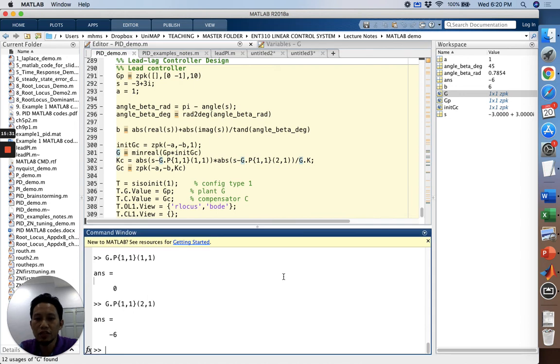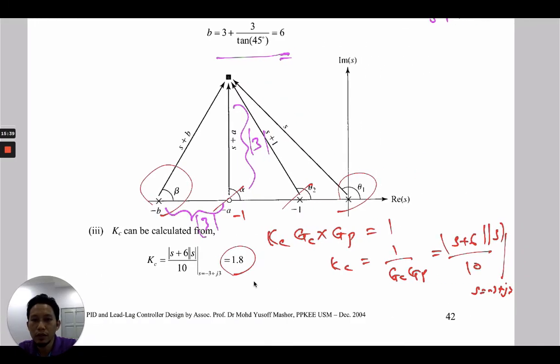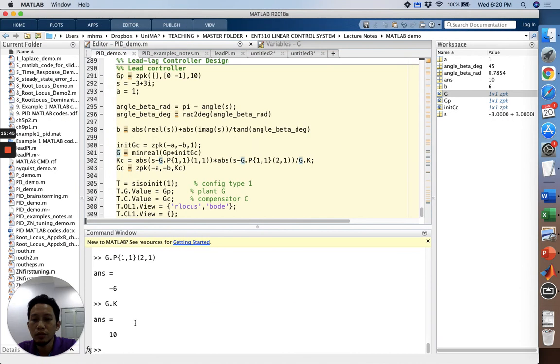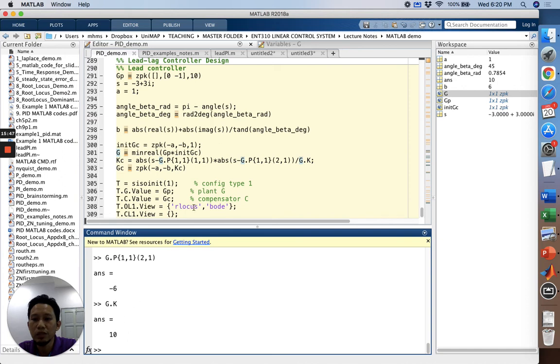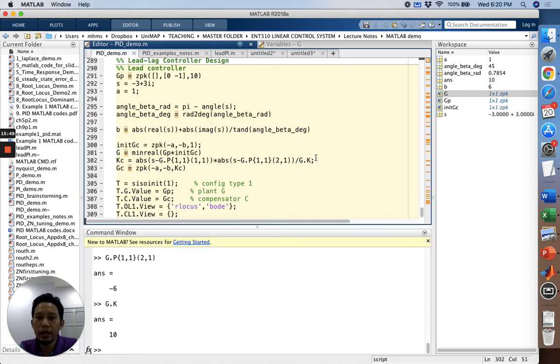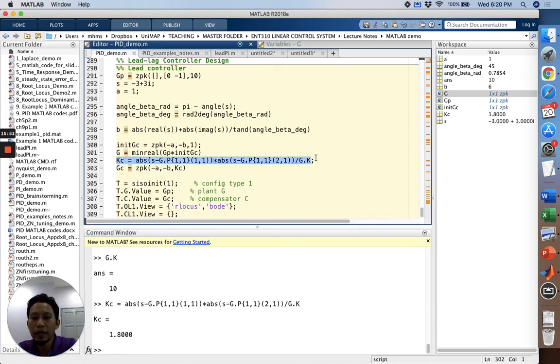And then I call g.k. So what is actually g.k? g.k is the value of the gain. Our k is 10, so I call g.k, which equals 10. We can run this, and we will get our Kc equals 1.8.